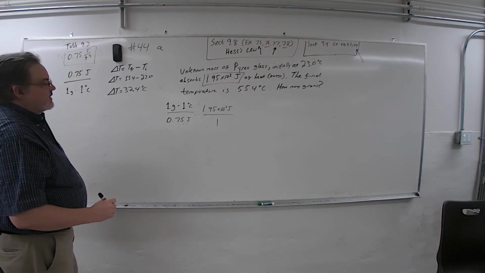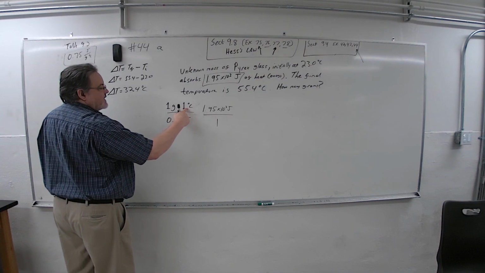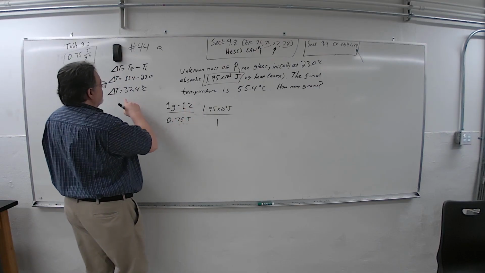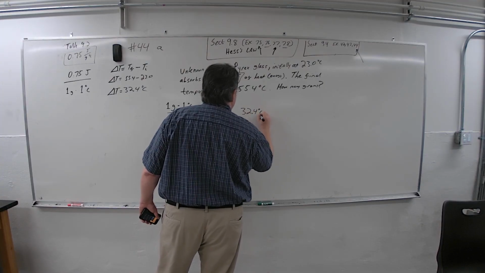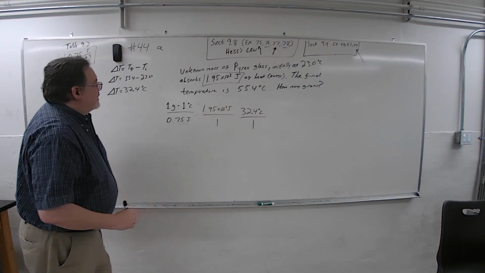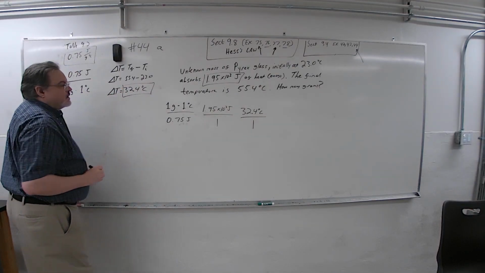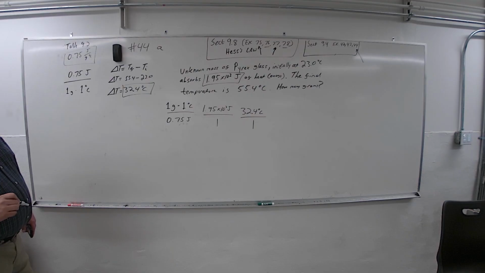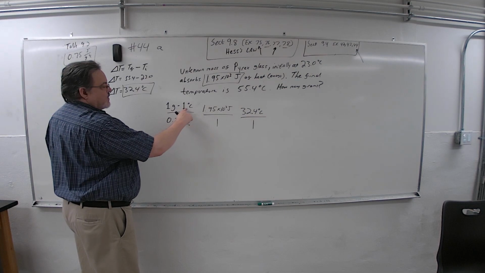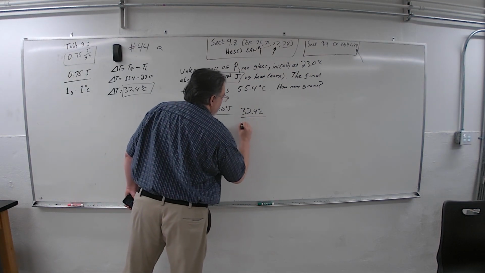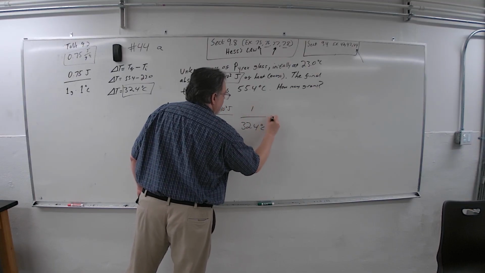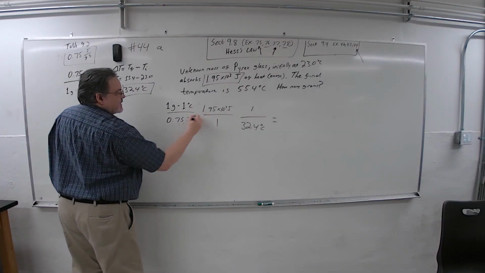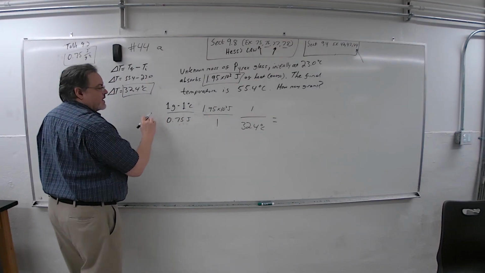That's the joules. What else do we have? We have delta T. Since we have degree C on top, we want the delta T on bottom, 32.4. So joules cancel, degree C cancels, and we're left in grams, and that's what we want.